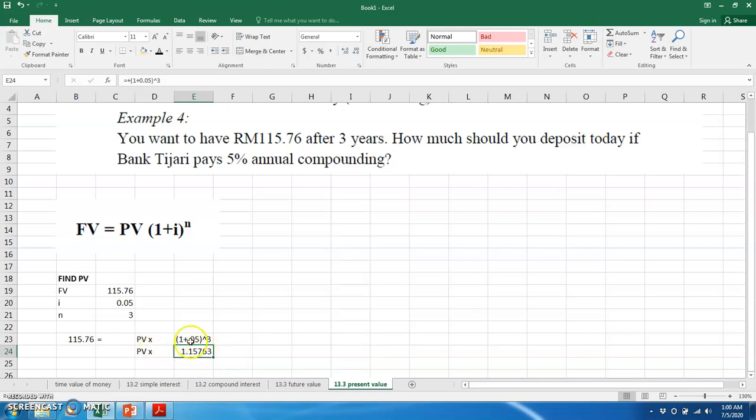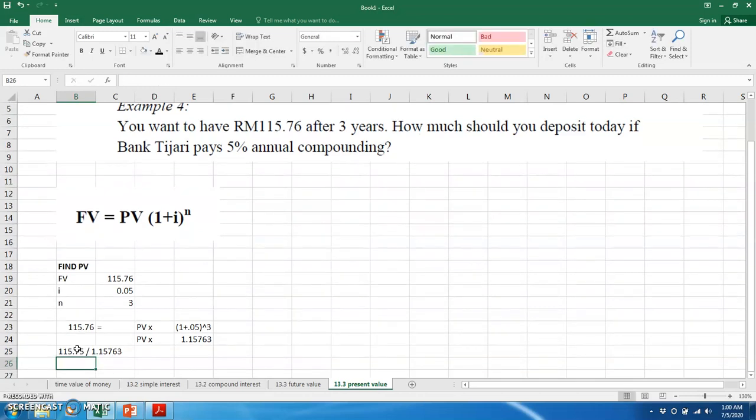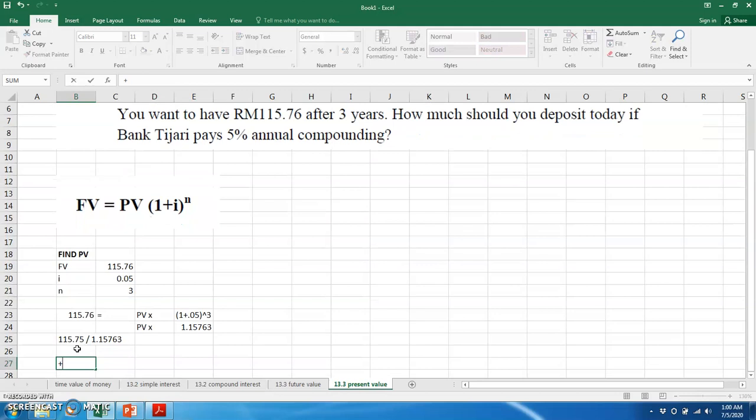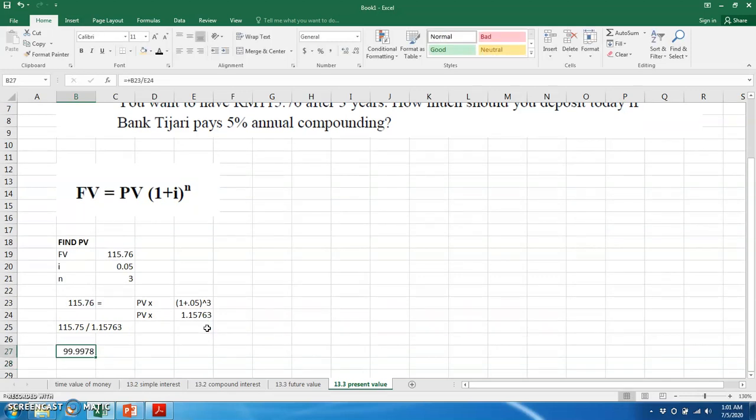When it's multiplied and you move it across, you need to divide. Here is how you press your calculator: 115.76 divided by 1.15763. This is how you do it. So the answer is 99.9978.